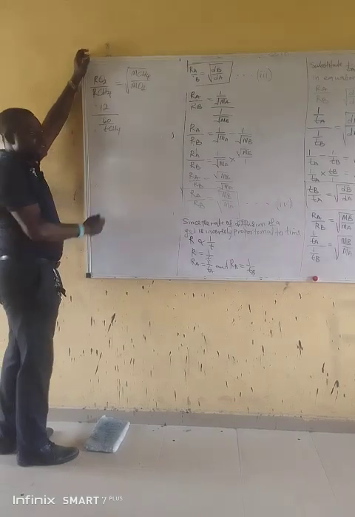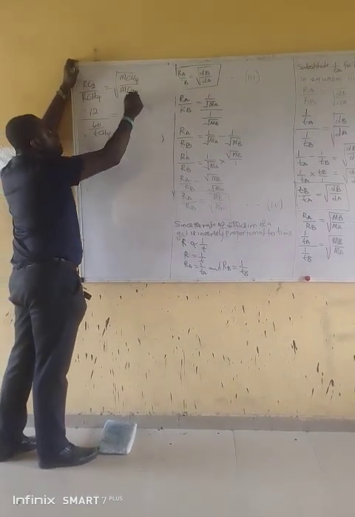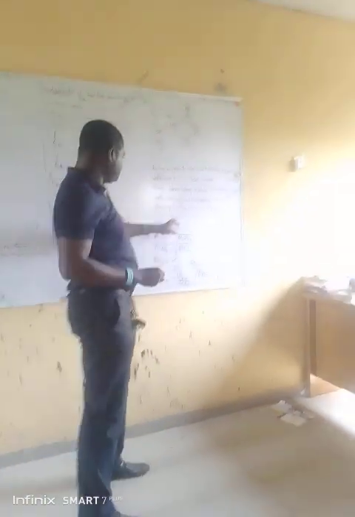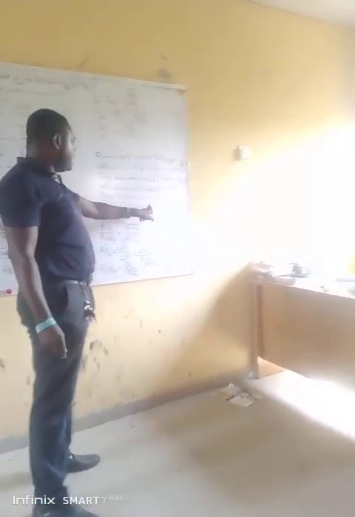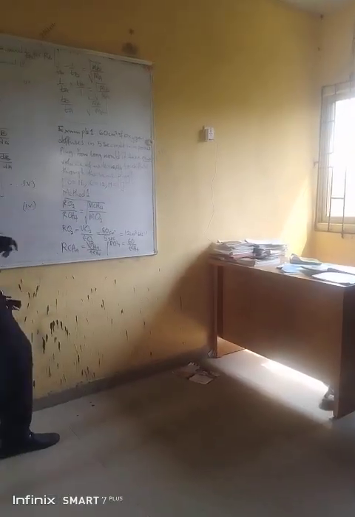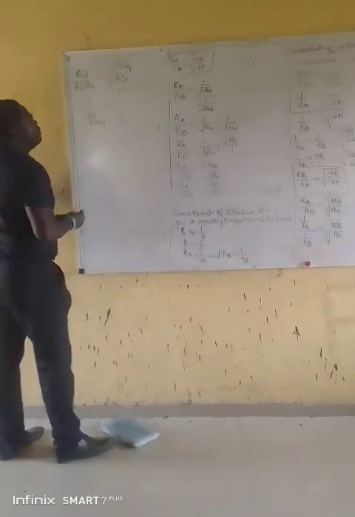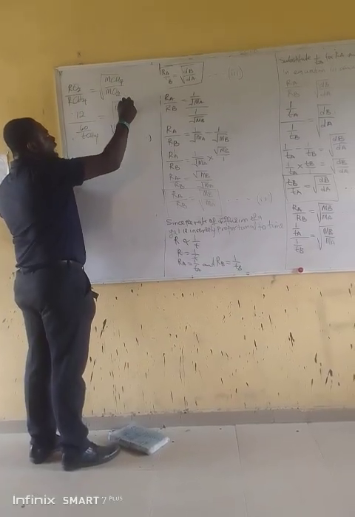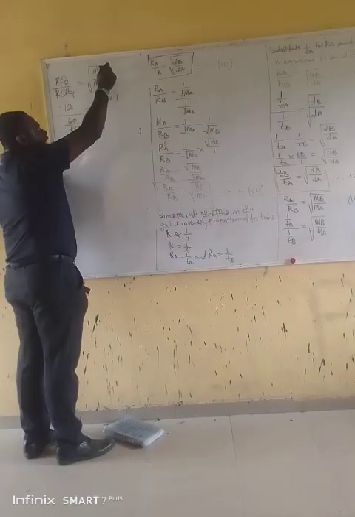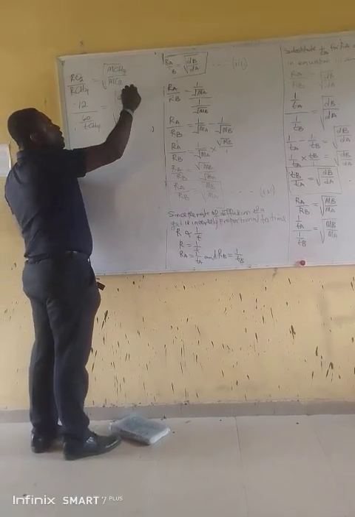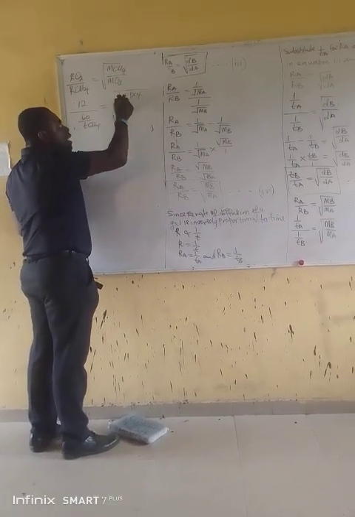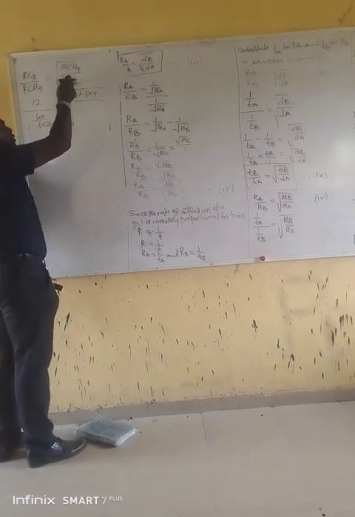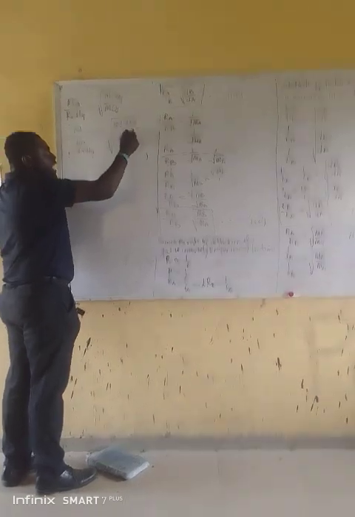Are we there now? Then is equal to, now what is the molar mass here? Carbon, we have been given C equals 12, H equals 1, O equals 16. I have crammed it like that. So anywhere I see carbon, I put 12, plus hydrogen is 1, and how many hydrogen atoms do we have here? 1 times 4, Abi. Now over molar mass of oxygen, which is 16, and how many do you have here? 16 times 2.